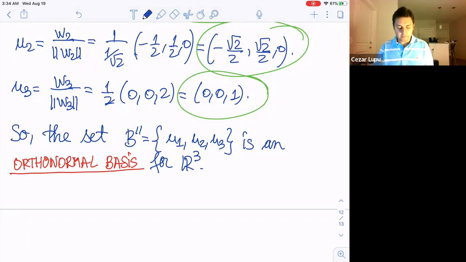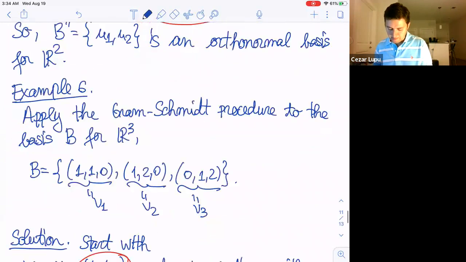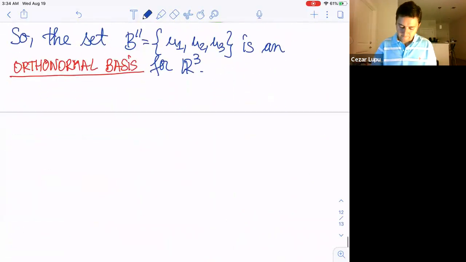And now, maybe I have one more example. So one more example. Example 7.